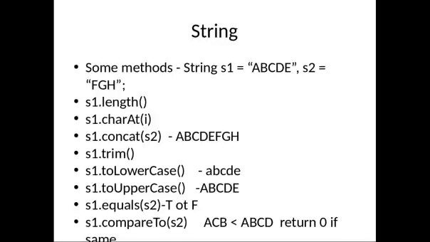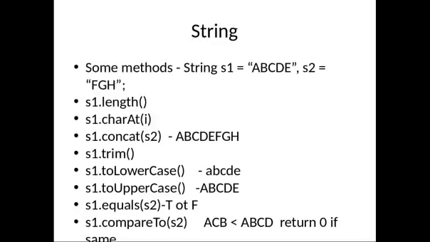It has certain logic, but this will return 0 if they are the same, otherwise it will return some integer value. If s1.compareTo(s1), both are the same, so it will return 0.